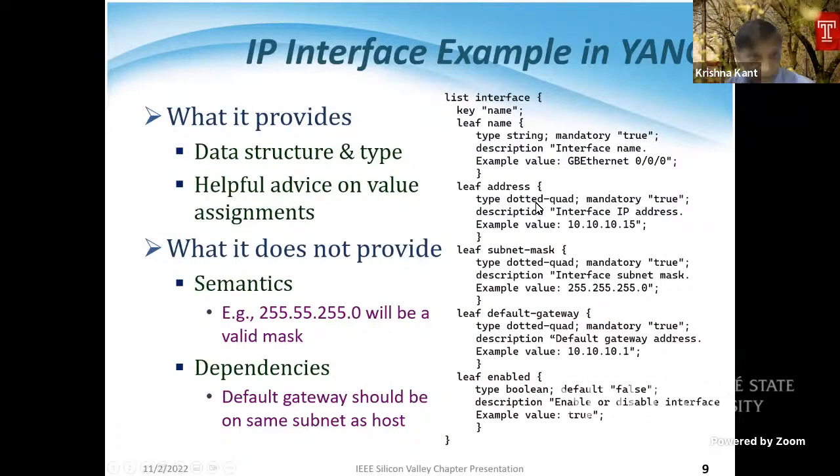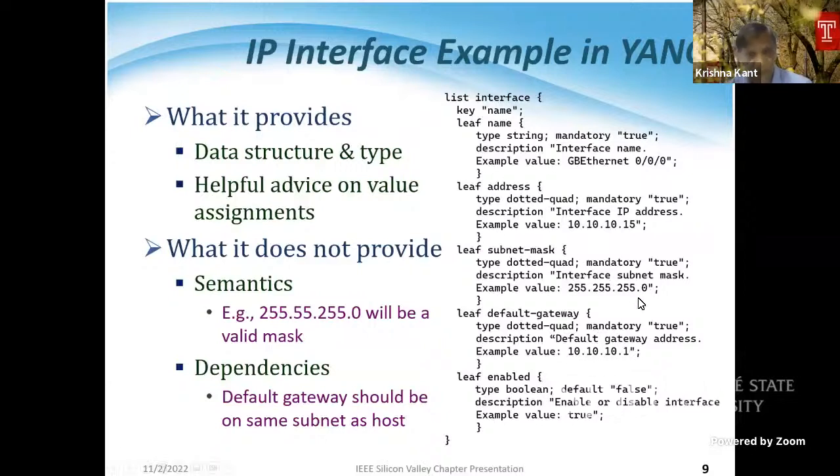Okay, so let me tell you a little bit about what OpenConfig can or cannot do. It's not a panacea. It doesn't solve all the problems, but it does solve some of them. For example, on the right-hand side, there is an example.